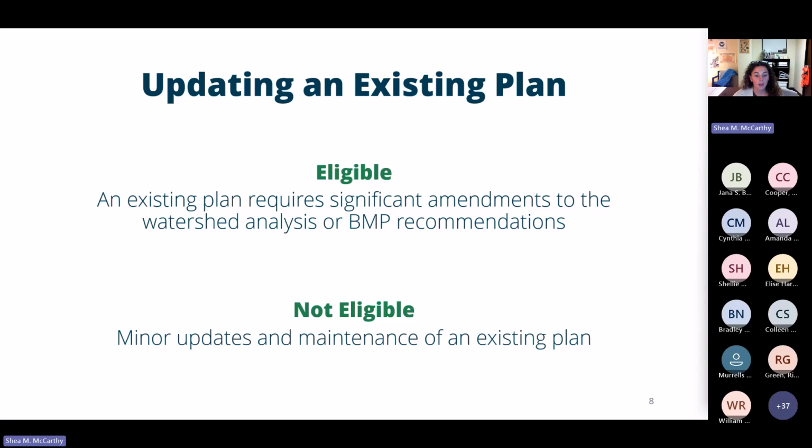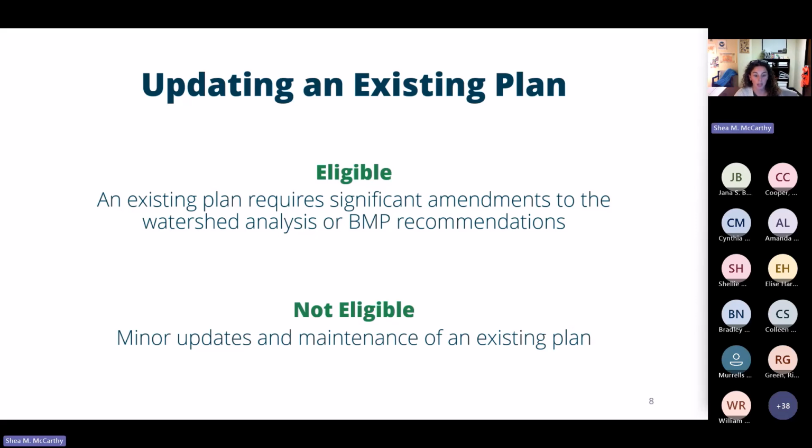So keeping in mind that our priorities are for the biggest potential impact for water quality improvement, we would consider an application eligible to update an existing plan if it provides justification for significant revisions to the watershed plan. So specifically the watershed analysis or the BMP recommendations in that plan.